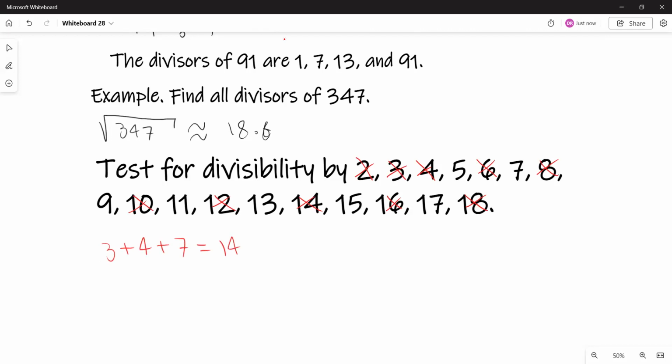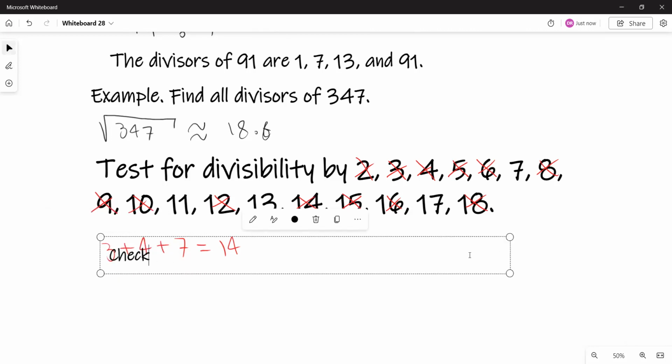And if it's not divisible by 3, it cannot be divisible by 9 or 15. The last digit is 7, so it cannot be divisible by 5, and we already eliminated 10 or 15. So we only have left 7, 11, 13, and 17.